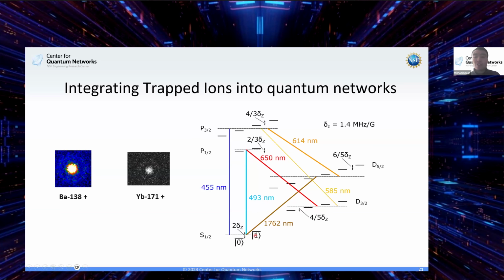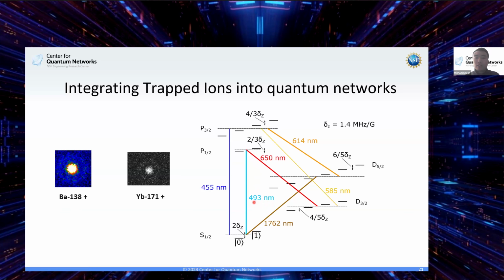It's a 369 transition. Yes, it will have a larger branching ratio, but it would also be further from the telecommunications wavelength. Even this is a problem because we're at 493 nanometers and telecommunications is usually at 1550. But I will address that problem a little later.